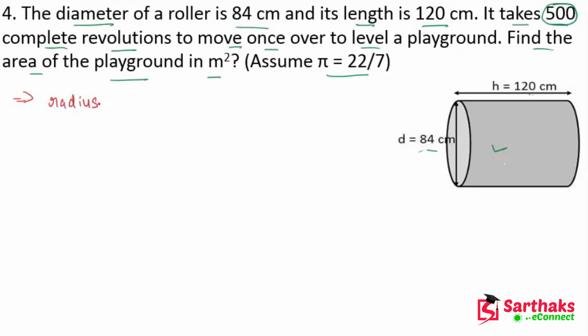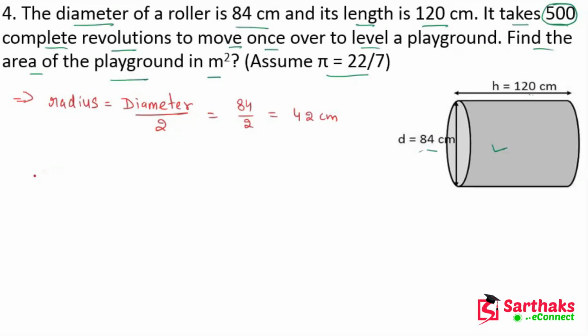So radius is equal to diameter divided by 2. The diameter is 84, so 84 divided by 2 is equal to 42 centimeter.